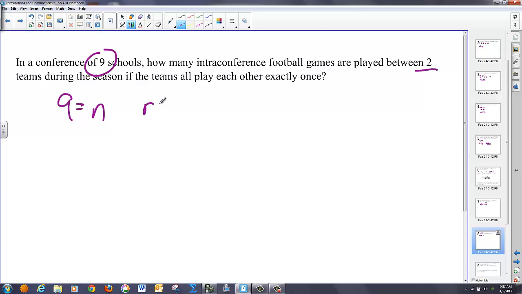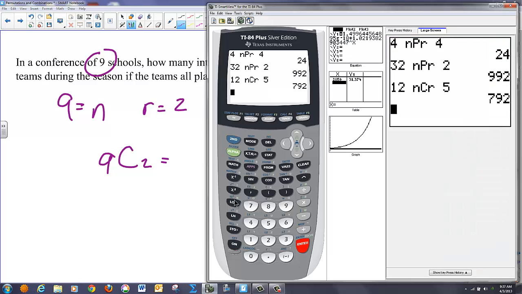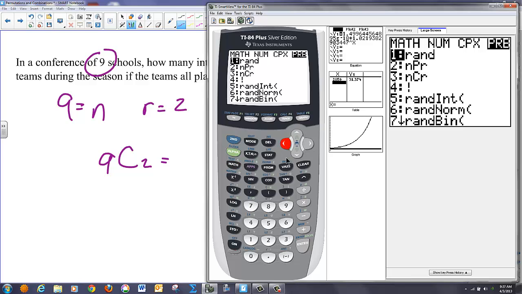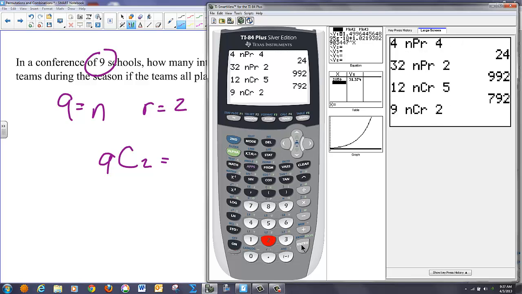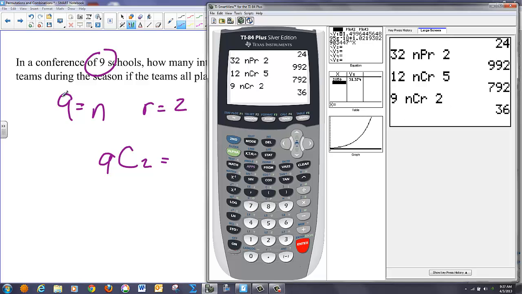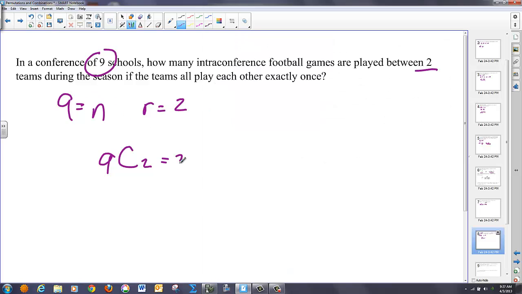That's our subset number. So we have 9C2. Order doesn't matter. So popping that into our calculator, we hit 9 C 2 and end up with 36 different games on the docket.